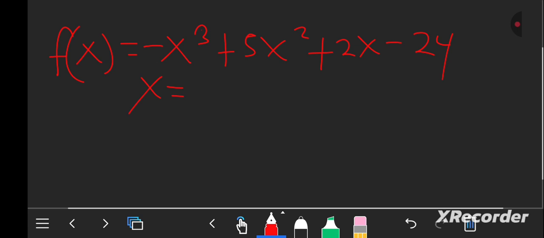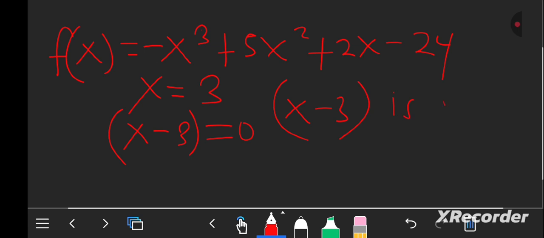So by trial and error, once we try x is equal to 3 in this function, we'll get the remainder to be 0. So meaning that you can just swap this x is equal to 3. You just take 3 to the other side. That will be x minus 3 is equal to 0. This implies that x minus 3 is a factor.